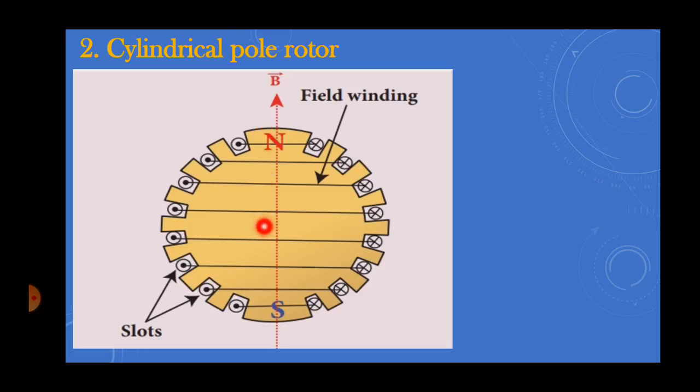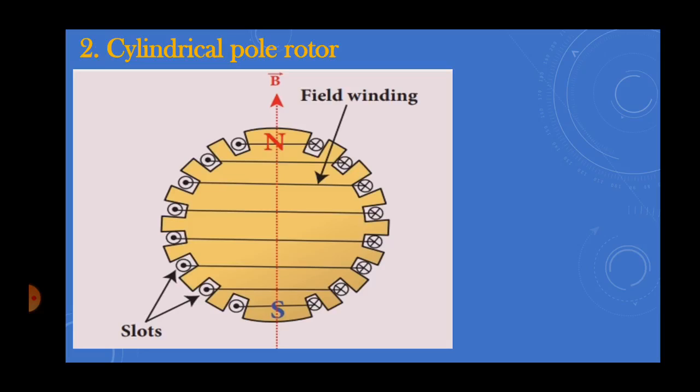because the frequency of the alternating induced EMF is directly proportional to the rotor speed, that is constant. In order to maintain the frequency constant, the rotor must run at a constant speed. Note it down students, it is a very important one.